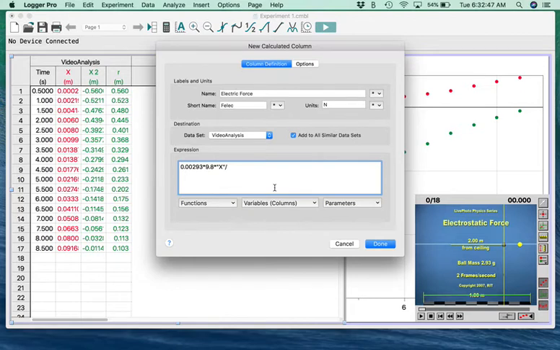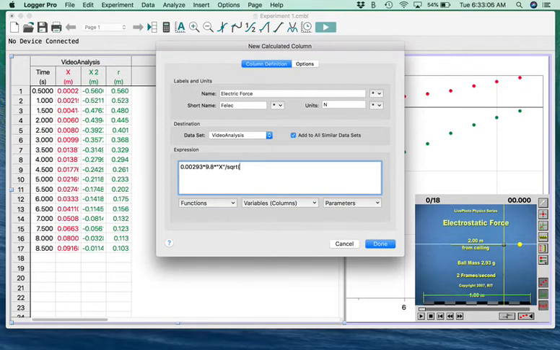So there's a couple of ways you can do this. I like the function. So the function for a square root is SQRT. The other option is to enclose everything in parentheses and then raise it to the power of 1/2. But I'm going to use SQRT, and then I put an open parentheses.